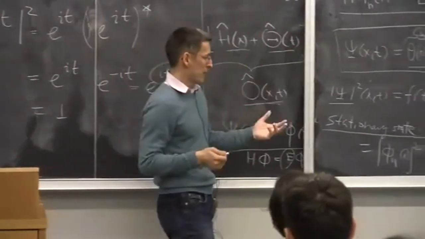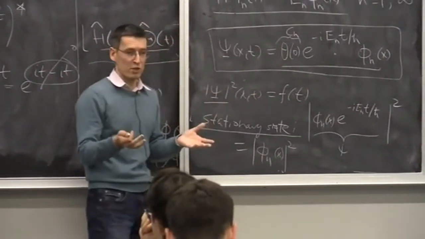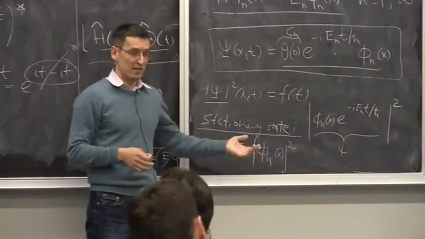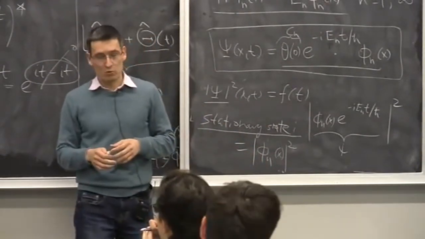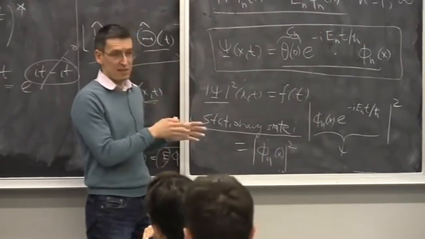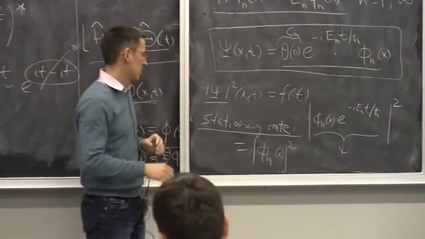But based on the criterion of the probability of finding an object, the probability is not changing with time. So you look at the object, you take your gaze away and then look again, and the object will be staying in the same region of space.